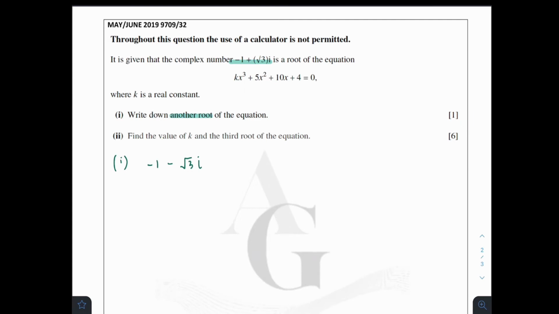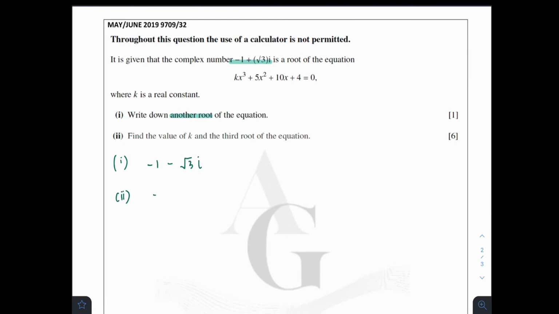As for part 2, find the value of k and the third root of the equation. Finding the value of k here is very simple, because given that this is a root of the equation, you can just substitute this root into the x here, and it will be equal to 0 because it's a root of the equation. Let's try it now.